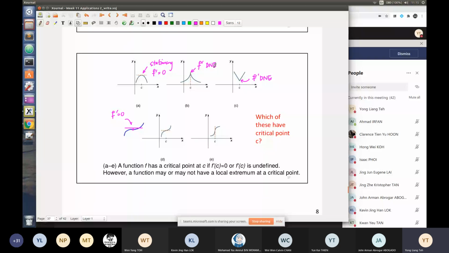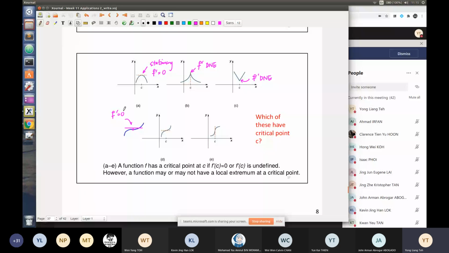But that does not mean that when you get f prime equals to 0, you are definitely going to get a local max or local min. Okay, right? So understand the logic here. So therefore, we look for it, but we still, after that, have to inspect whether it's an extremum or whether it's just a point of inflection. Okay, so that will come in more examples later on.